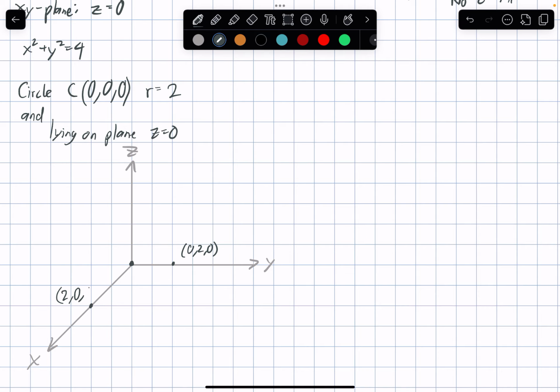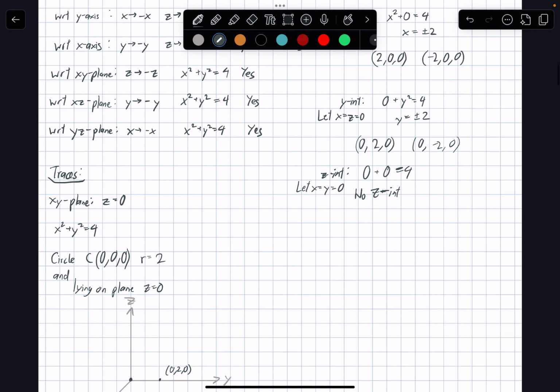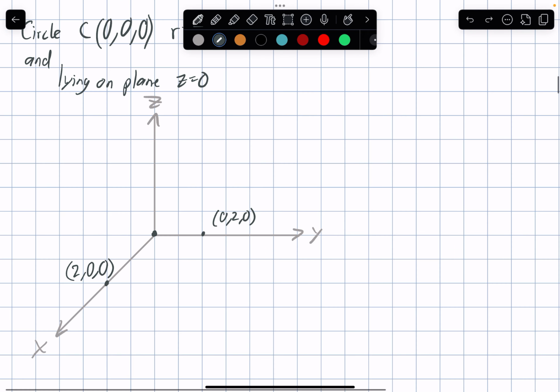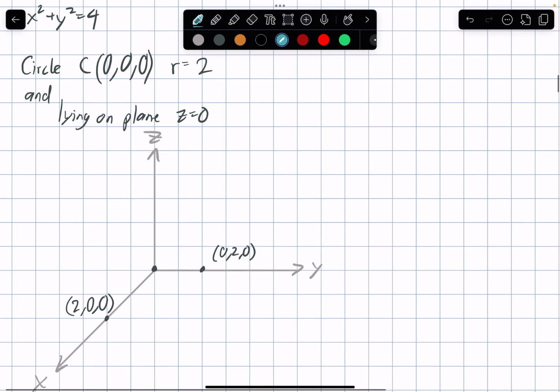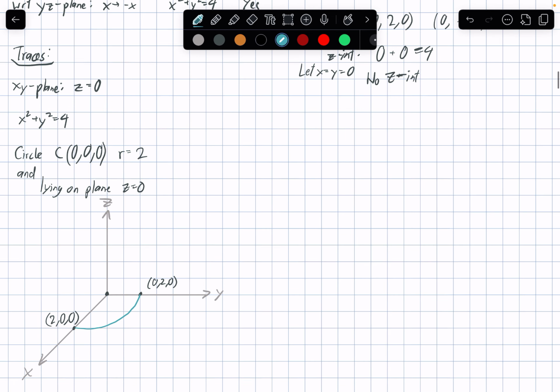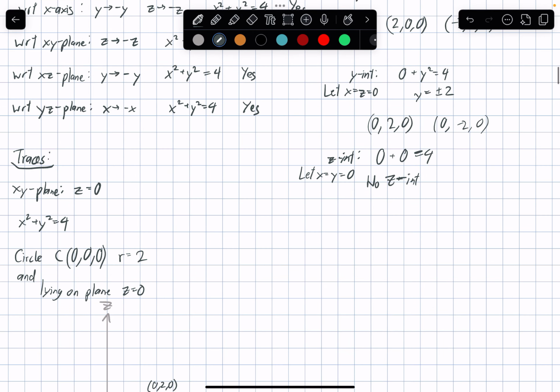This one is the 2, 0, 0. Those were the intercepts that we found earlier, right? 2, 0, 0 and 0, 2, 0. Yeah, the only intercepts that matter, actually. So this is a circle, right? So we draw a curve. It's definitely not a line. So yeah, that is for the xy plane.